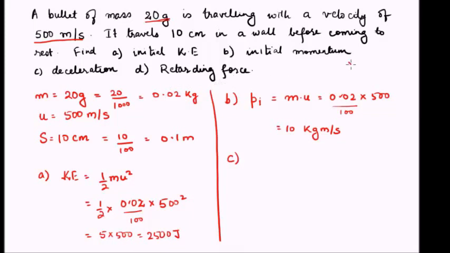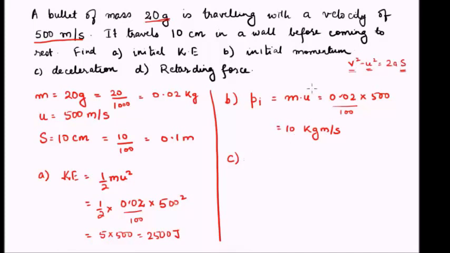We know that v square minus u square is equal to 2as. Here we know that the final velocity is 0, that is the body stops. We know the initial velocity, and we know the distance through which the change in velocity is taking place. So using this relation we can find the deceleration or the acceleration A.